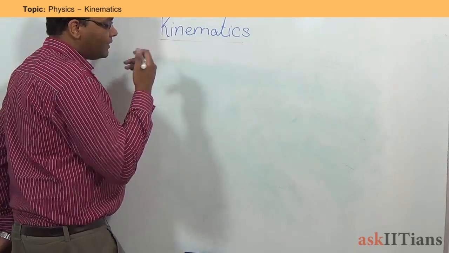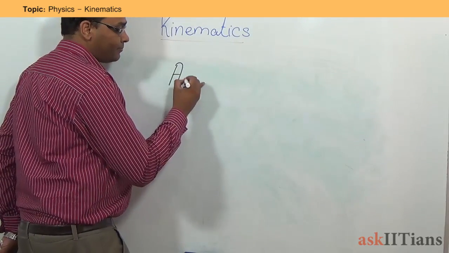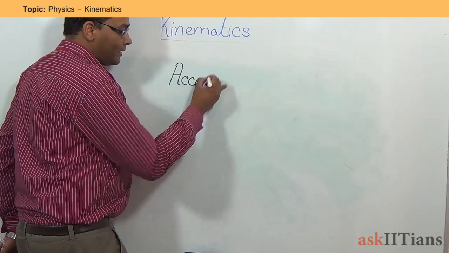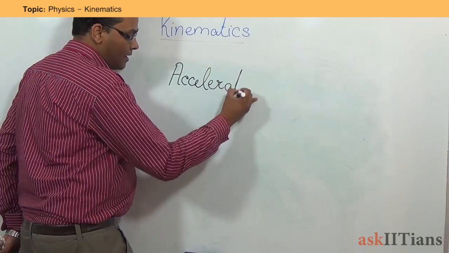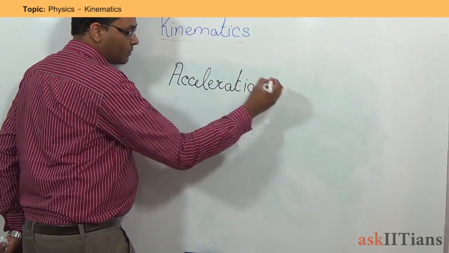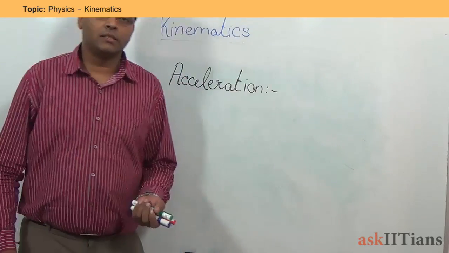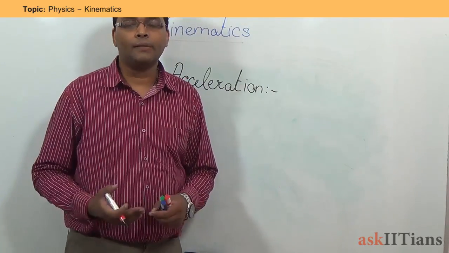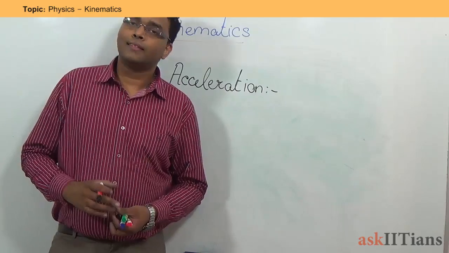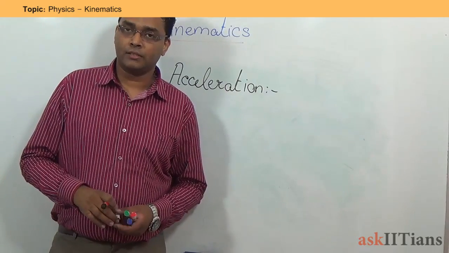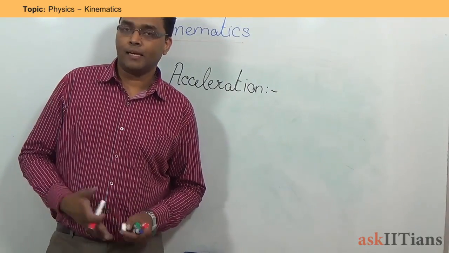Now, the next thing is defined as acceleration. When the body is starting from rest, after a certain interval of time, it will acquire some velocity, and then finally, it will come back to rest. So what exactly is the cycle that is happening?